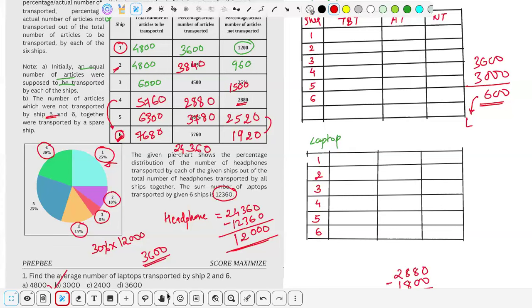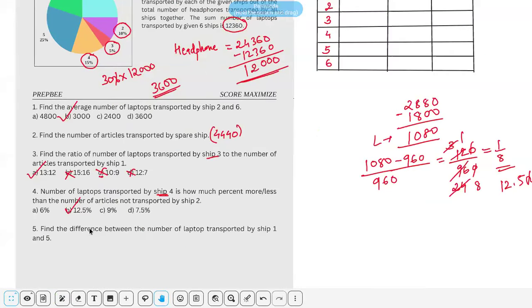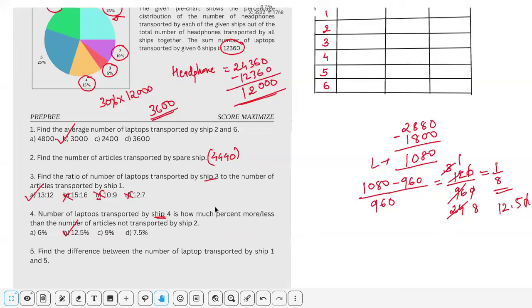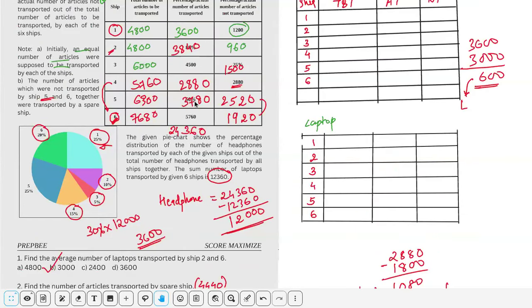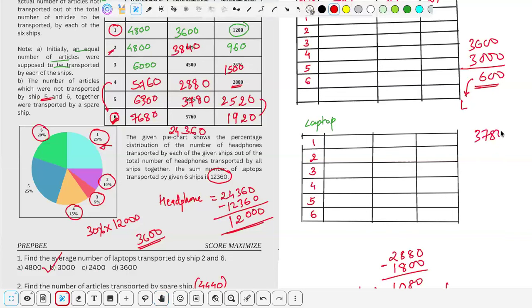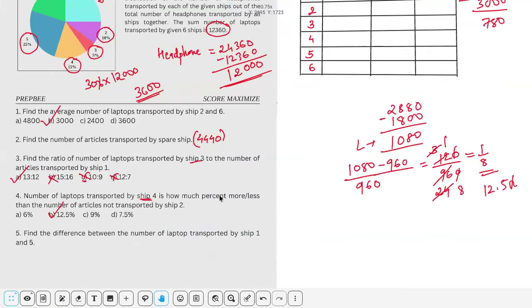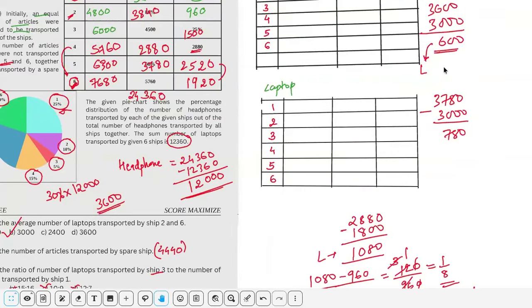And for the next case, ship 5, कितना था, that is 3780. 3780 simply minus the number of headphones, I will get the number of laptops. Fifth was 25%, again 25% is 3000. तो यहाँ से 780 मिल रहा है. And the question is asking what difference between these two values. So 780 minus 600, so 180 is the answer.